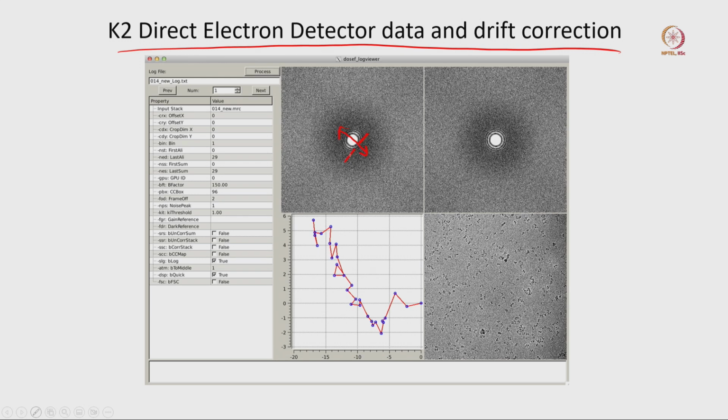There are multiple frames, and there is motion between these frames. How many frames do we have? We have a total of 29 frames, and there are lots of parameters we can play around with and correct. This is the drift correction tool we can use to correct drift.